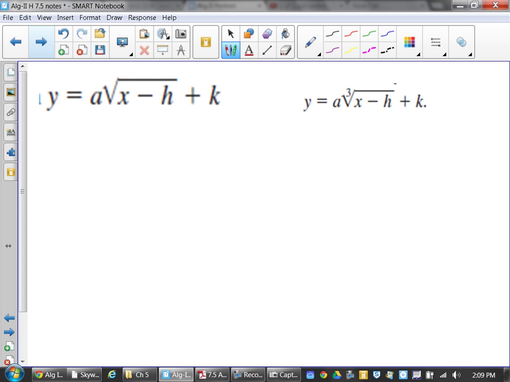It's the same idea with the a values for the curves here, for square roots and cube roots. If the a value has a very large absolute value, the curve increases faster. If it's low, it increases slowly. Same thing with the tails for your cube root. It's a real high curve or low curve.